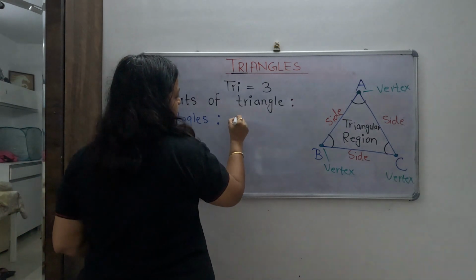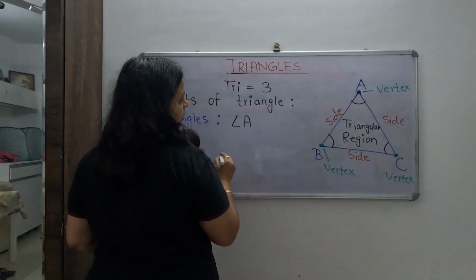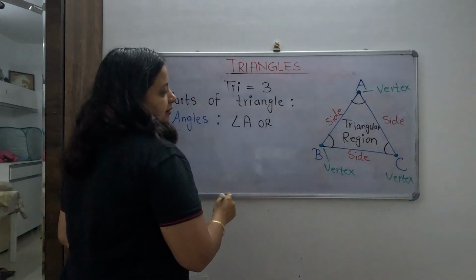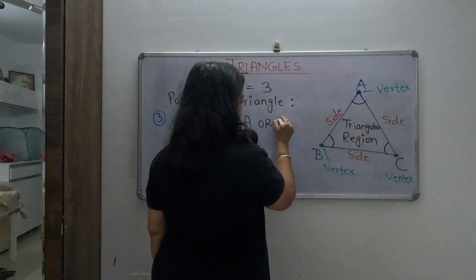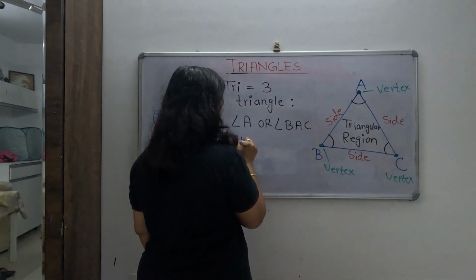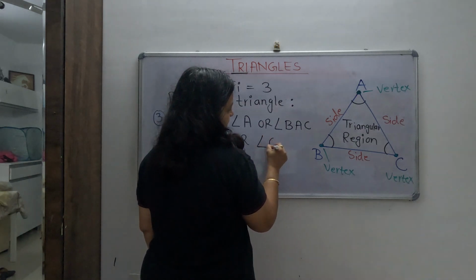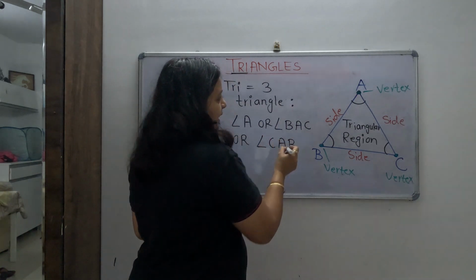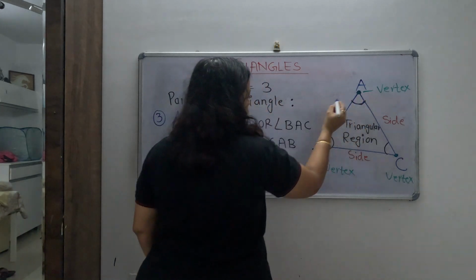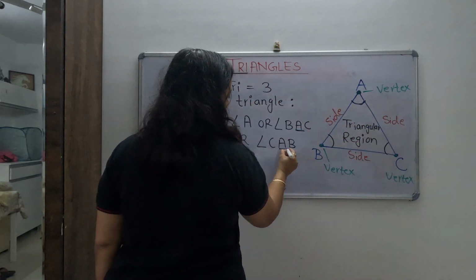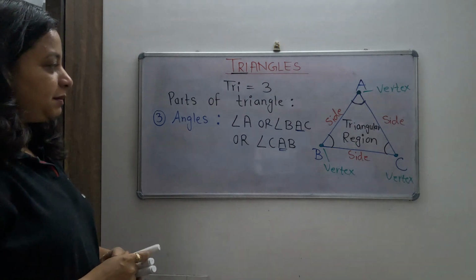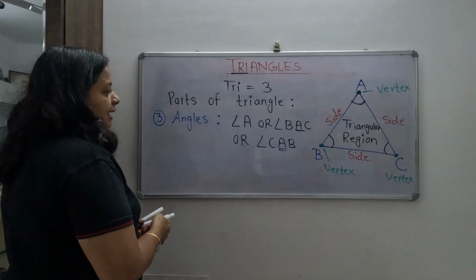You can write it angle A, or BAC, or CAB. Basically, because we are talking about angle A, A must be in between.